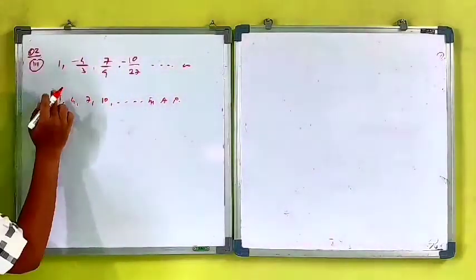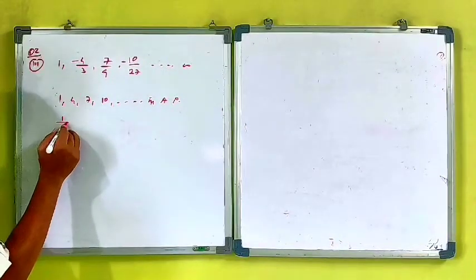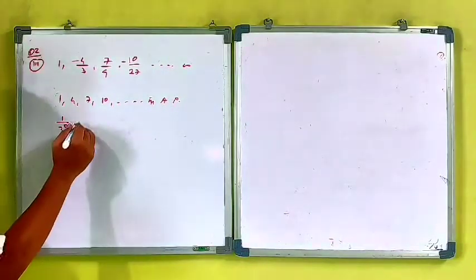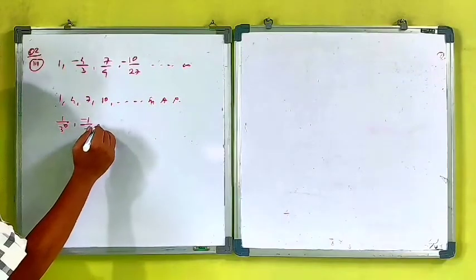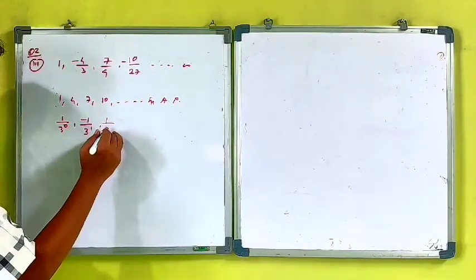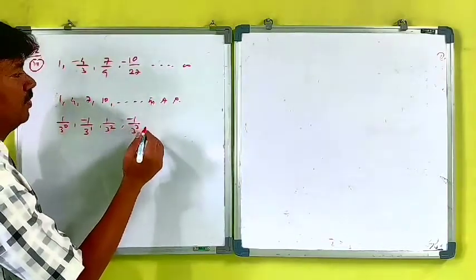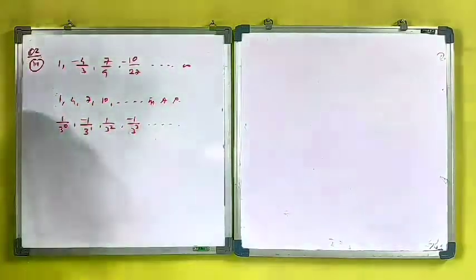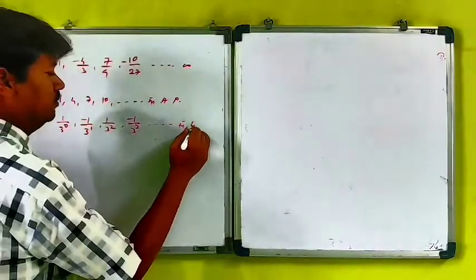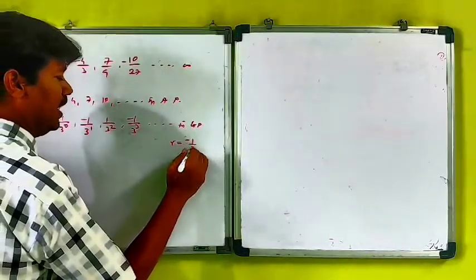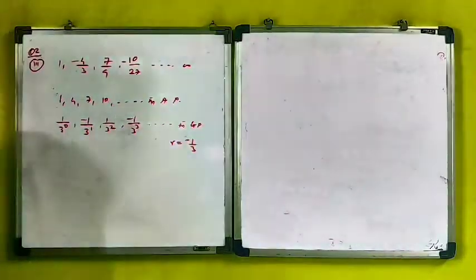But if you observe this term, we can say 1 upon 3 raised to 0. The next term is minus 1 upon 3 raised to 1. The next term is 1 upon 3 square. Then minus 1 upon 3 cube. And so on in geometric progression. The common ratio is minus 1 upon 3.